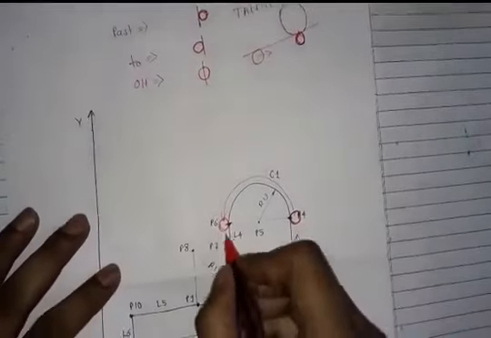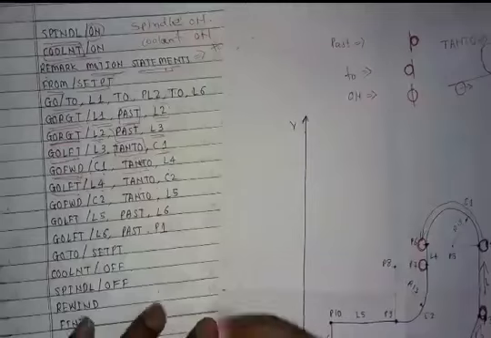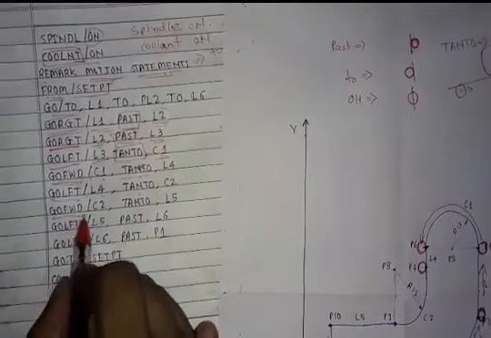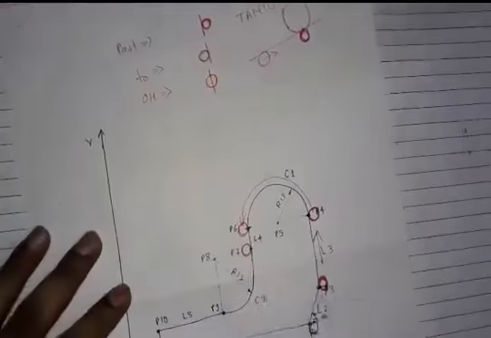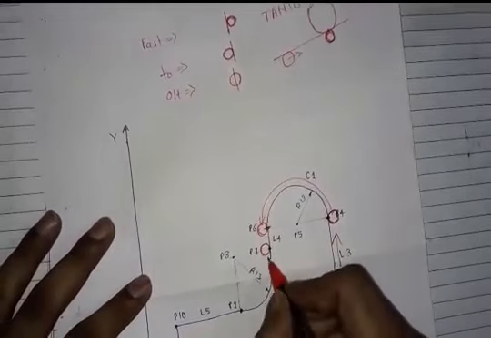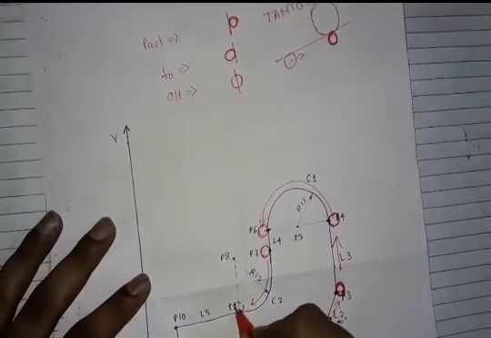Now the cutter will be here. Next is go forward, C2 tan to L5. Now the cutter will move like this till this tangent point.